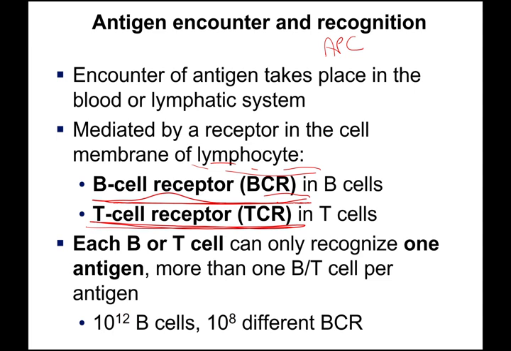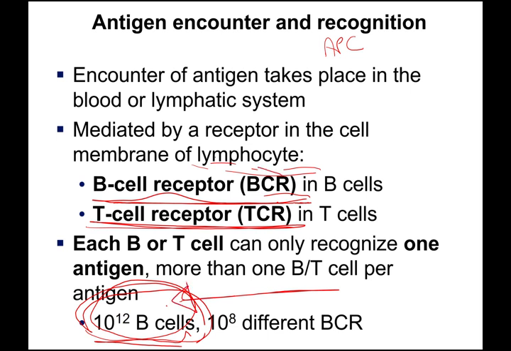Just to give you an idea, you have about 1 trillion B cells that can recognize so many different types of antigens. So you have cells that can recognize almost any possible molecule, and therefore any possible organism that can enter your body. How is this variability generated? We'll talk about that at the end.